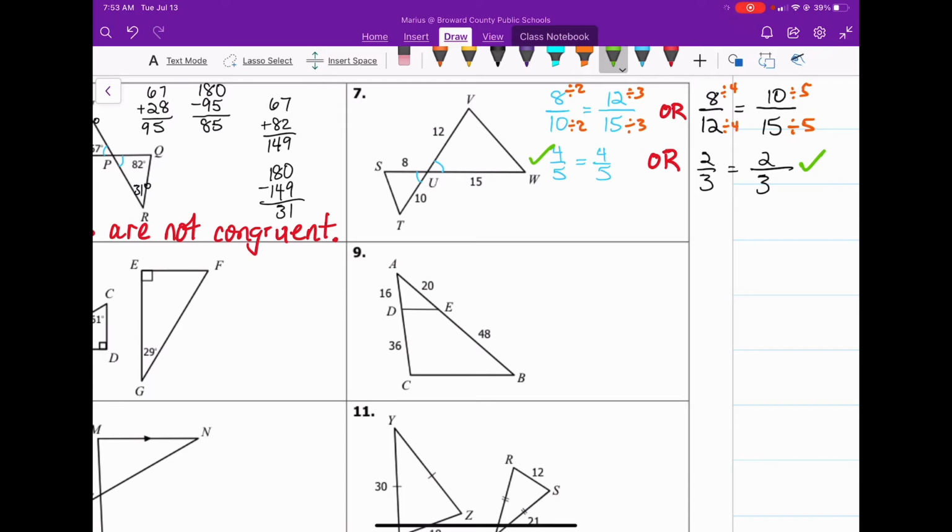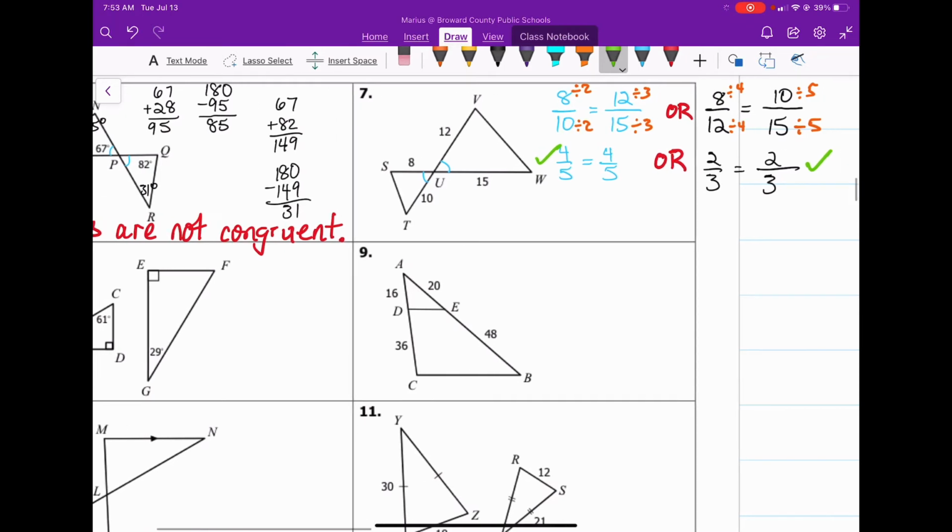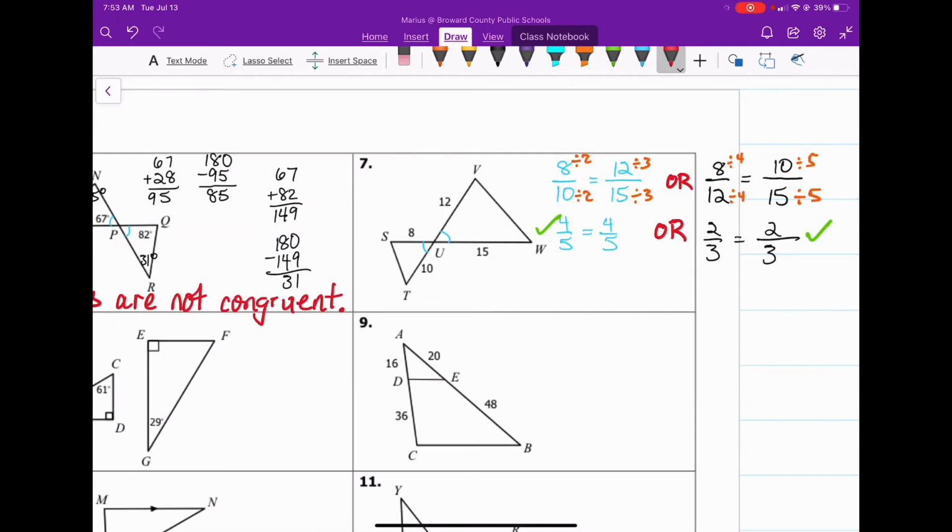So we know right away that these are similar, okay? Now, the reason that these are similar is because of side, angle, side, because the sides are proportional and the angle is between the two sides, okay?